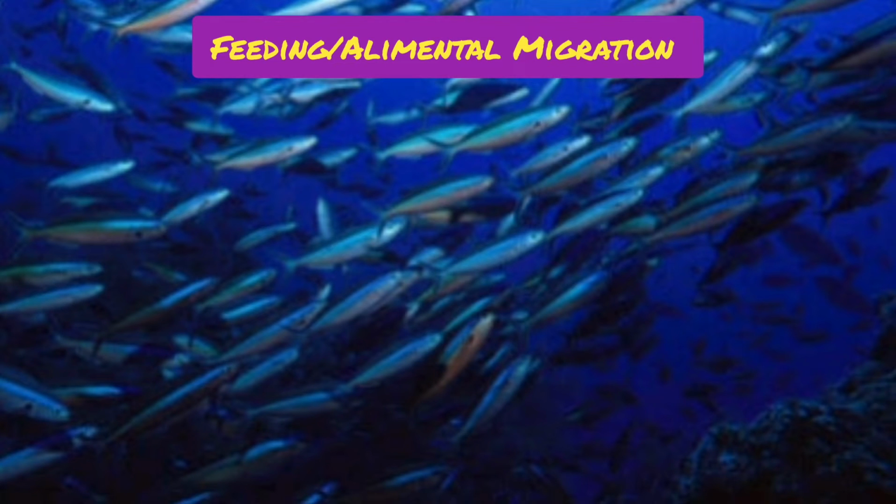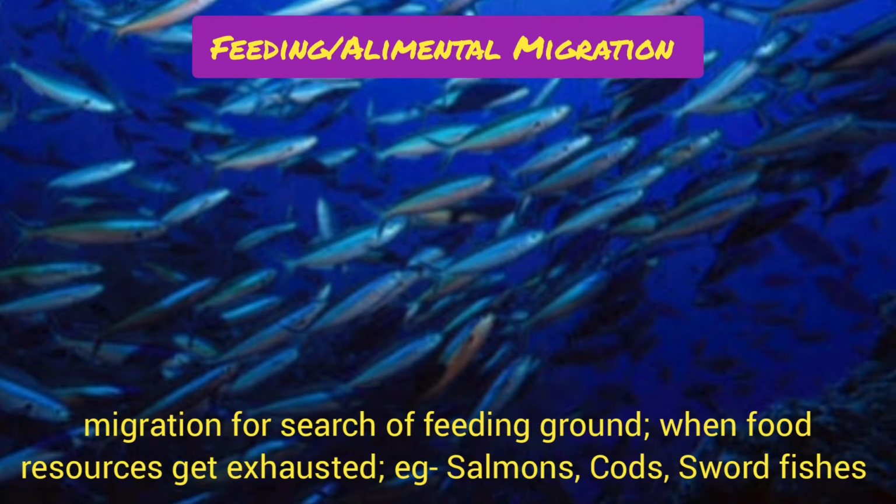Feeding or alimental migration. It is the migration in search of feeding ground. It occurs when food resources get exhausted. Examples: salmon, cod, and swordfish constantly migrate for food from one place to another in the sea.